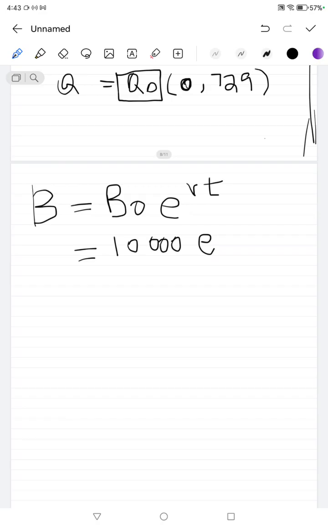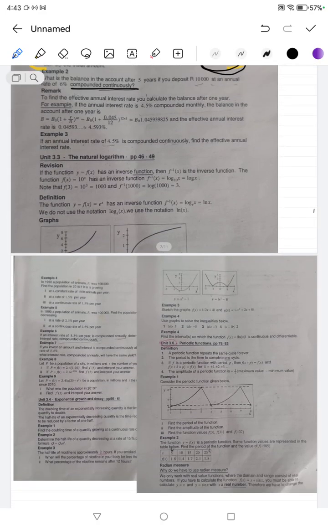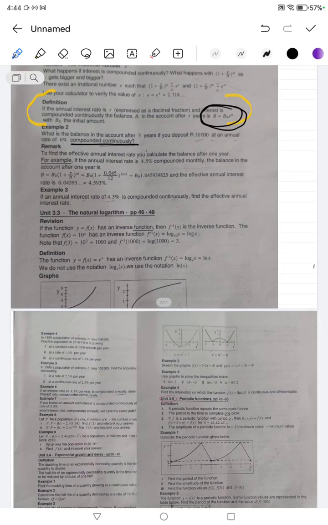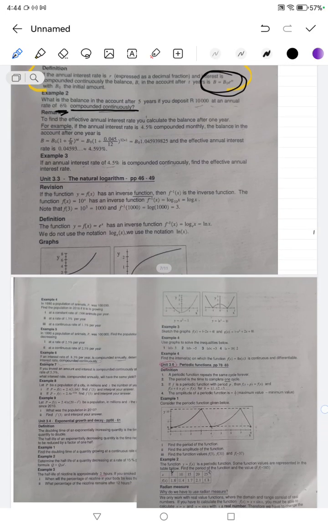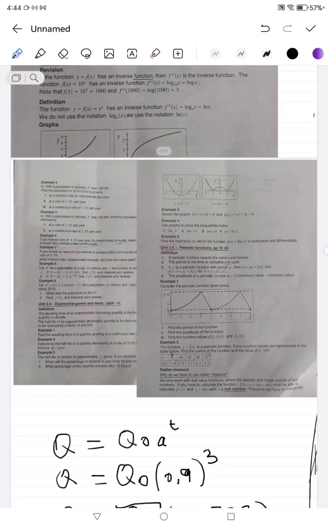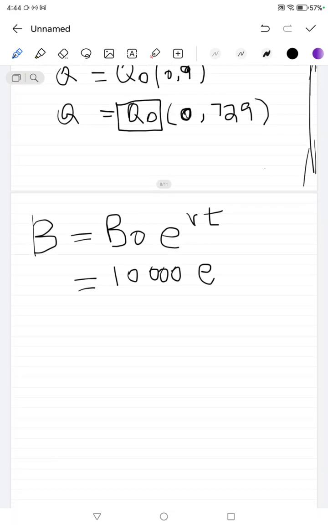What's the interest that you have there? You have your 6%, and it's after 5 years, so 6% is 0.06 by your 5. Can you quickly give us the answer for that one?